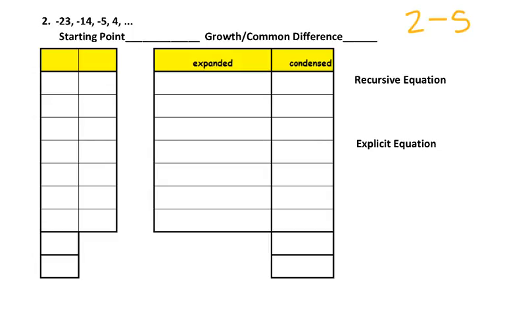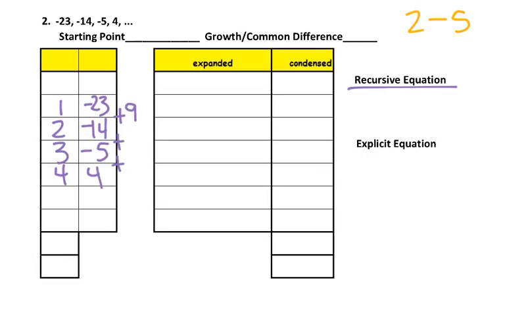Alright, so let's see how we did here. We're just doing recursive, remember. So our first term was negative 23, our second negative 14, our third negative 5, our fourth was 4. So how is this growing? Well, we're adding some number here. Negative 23 to negative 14, we would be adding 9.